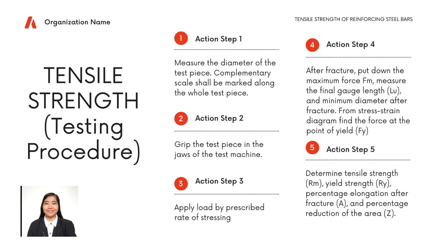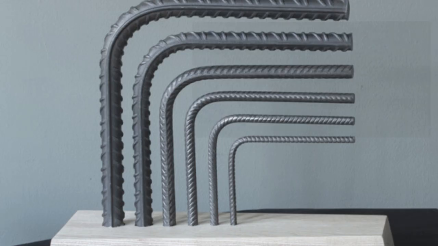After fracture, put down the maximum force, measure the final gauge length, and minimum diameter after fracture. From stress-strain diagram, find the force at the point of yield. And lastly, determine the tensile strength, yield strength, percentage elongation after fracture, and the percentage reduction of the area.